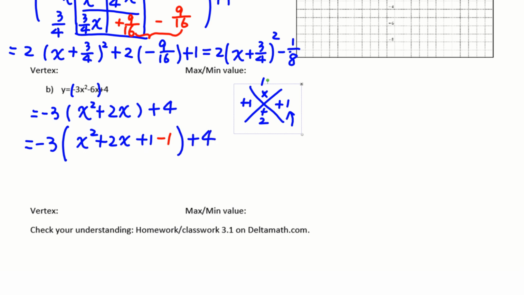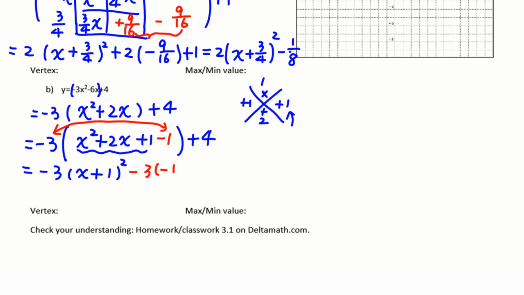By doing this, the first 3 terms are the same. You have x plus 1, x plus 1, so positive 1 is your factor. So x plus 1 bracket squared. And remember, you have an a value at the front. You need to multiply this a value with the number that you subtract, then plus 4.